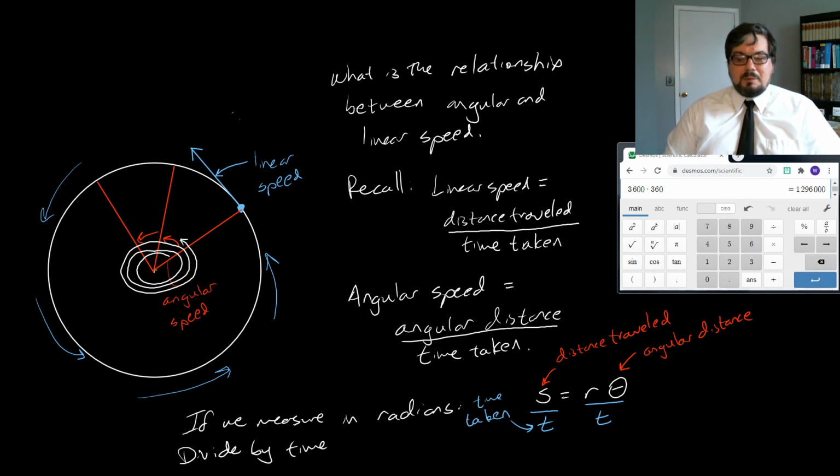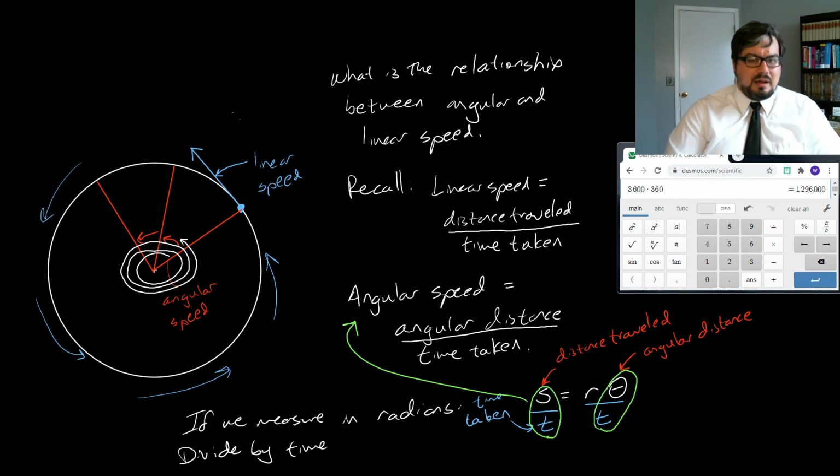And now notice what we've got. Now we've got s over t and theta over t. We want to group up mentally the theta over t together. I apologize. S over t is not angular speed.